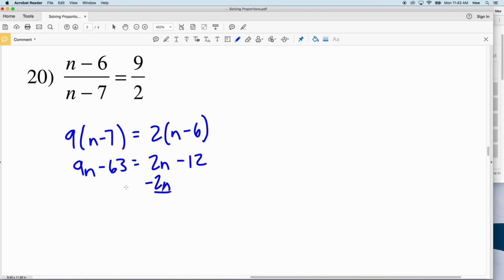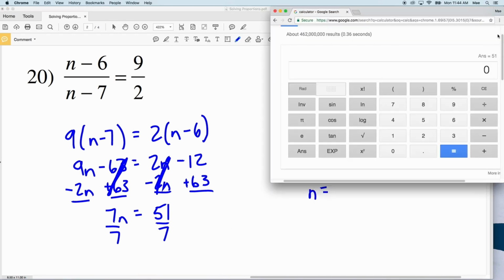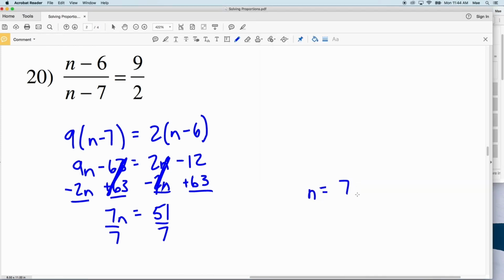Subtract 2n from both sides, and in the same step, I'm going to add 63 to both sides. 9n minus 2n is 7n, and that's equal to negative 12 plus 63, which will give us a positive 51. Then I just divide both sides by 7 to get that n is equal to 51 divided by 7, which is 7.286. And that wraps up the worksheet for solving proportions.